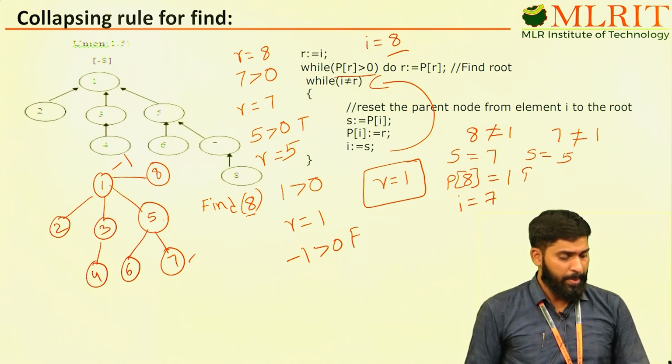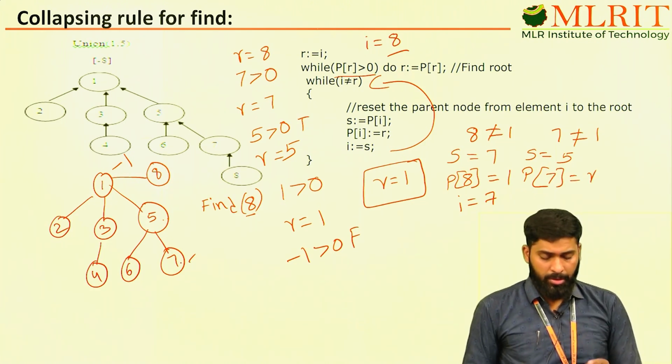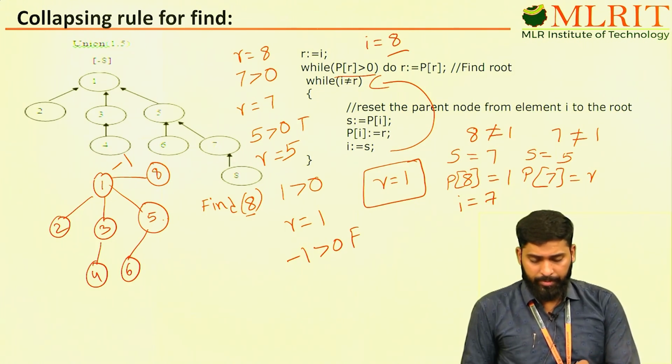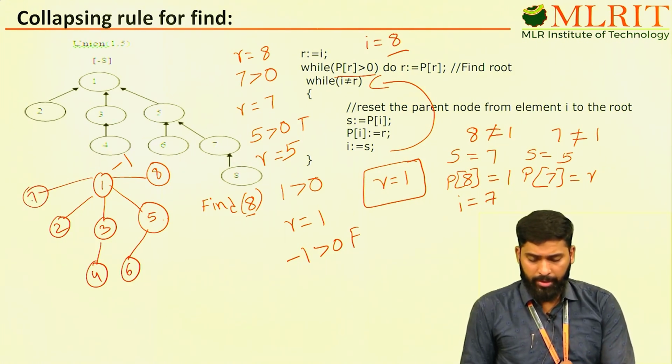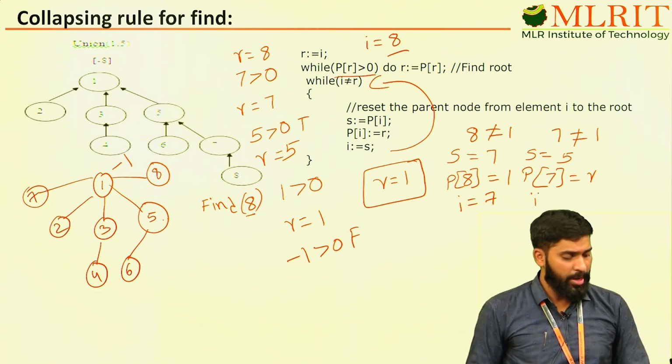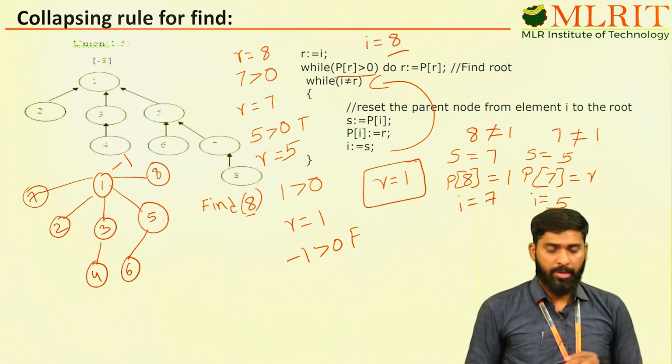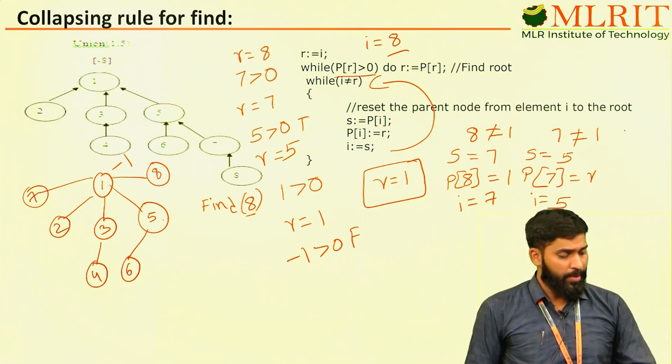Now parent of I, which is 7, equals R. So the parent of 7 is 1, and update the I value, I equals S here. What is S? 5. Again you check that 5 not equals 1.